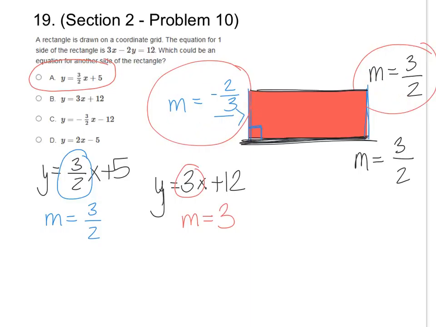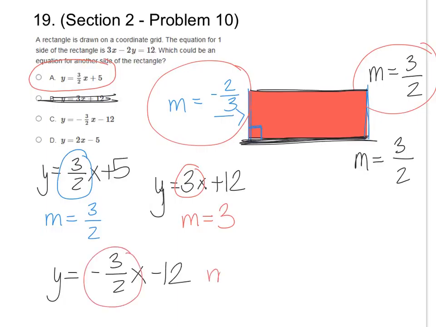So I know that the answer cannot be B. So we'll go to the third equation, which is y equals negative 3/2 x minus 12. Slope is right here. Slope is negative 3/2. Is that a possible slope? Nope. We're looking for negative 2/3 or positive 3/2. So that does not work either.